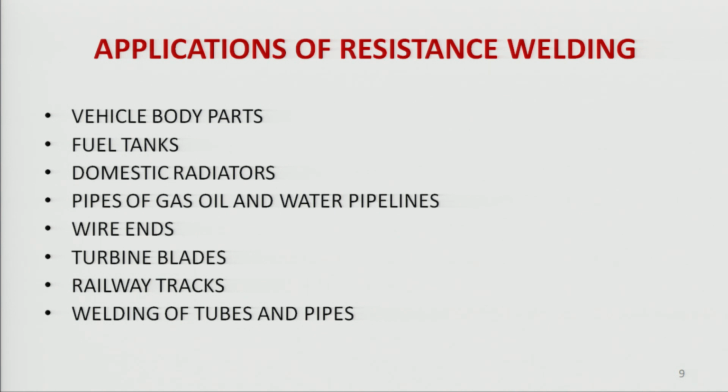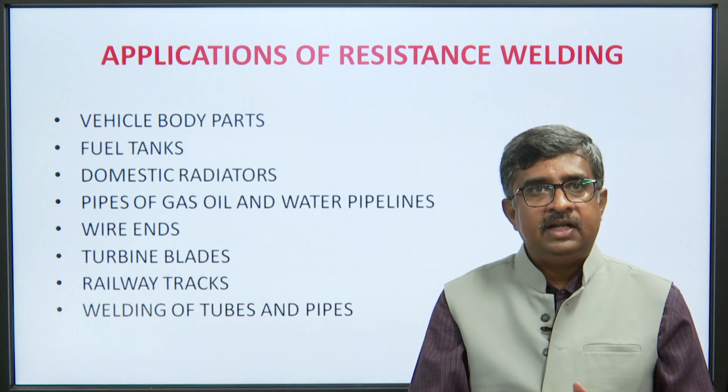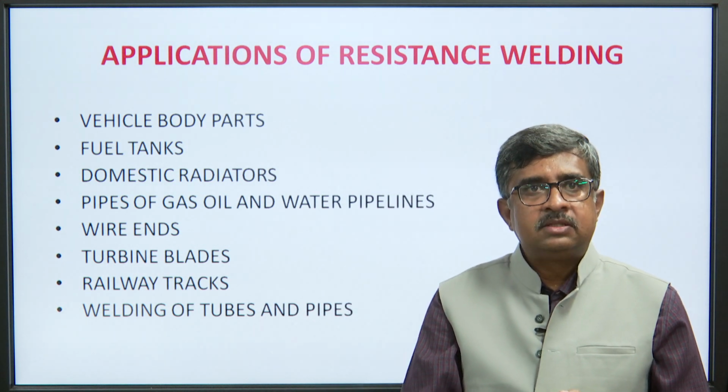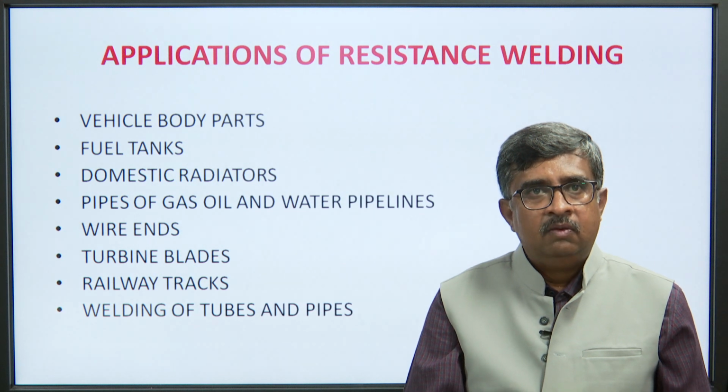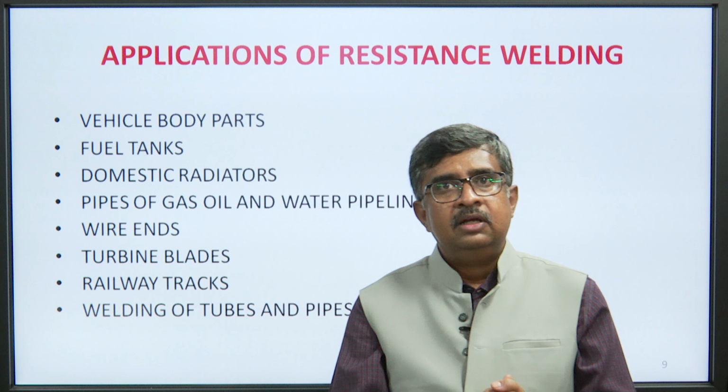Domestic radiators, all the radiators used in automobiles to control the heat, are made with the help of resistance welding. Pipes of gas, oil and water pipelines are also welded through resistance welding. Turbine blades, railway tracks, and welding of tubes and pipes are possible with resistance welding.